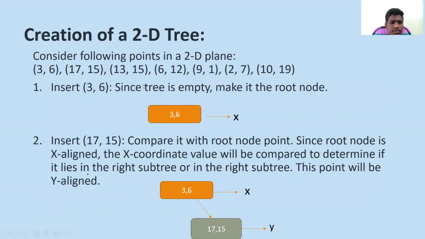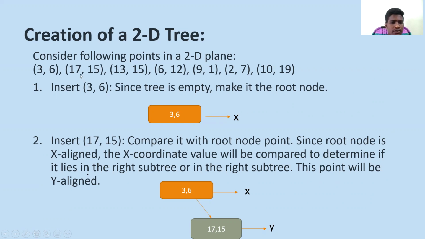First, 3, 6. As we don't have any other root node, we take 3, 6 as the root node, and this starting root node is with the x alignment plane.